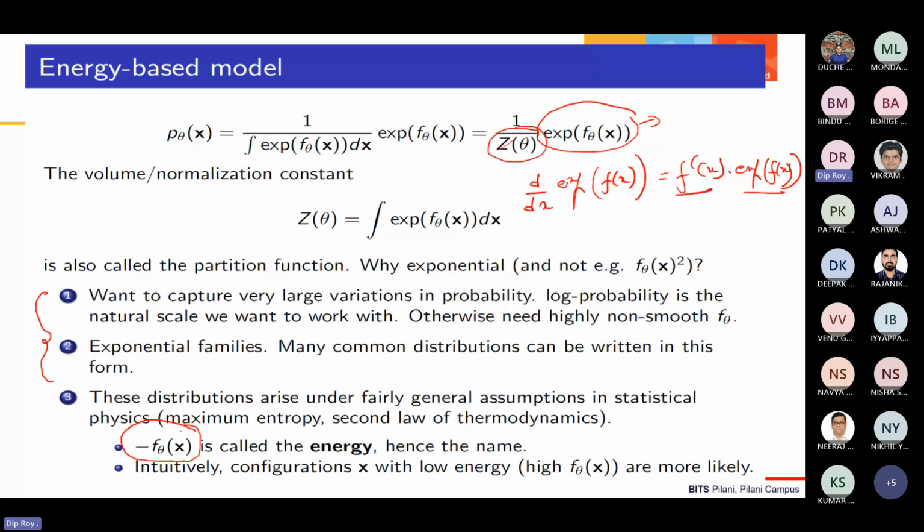Essentially, your probability distribution is going to be proportional to e to the power minus the energy function of x. It will become clear as we move forward. It means that lower energy corresponds to higher probability. So in EBMs, the key thing is that instead of calculating the probability, what we are interested in is calculating this.